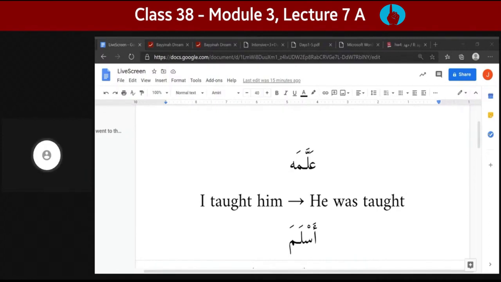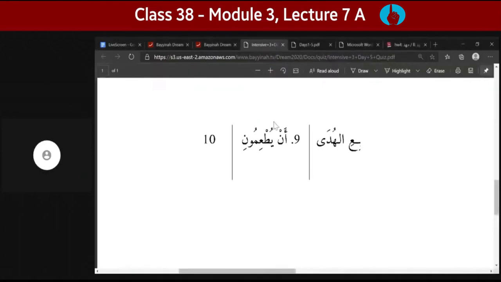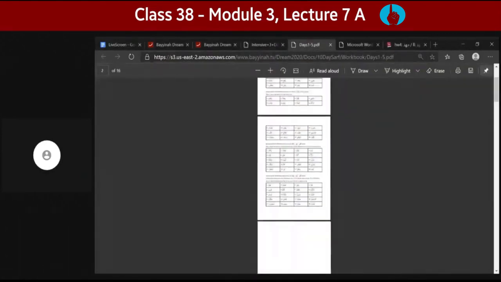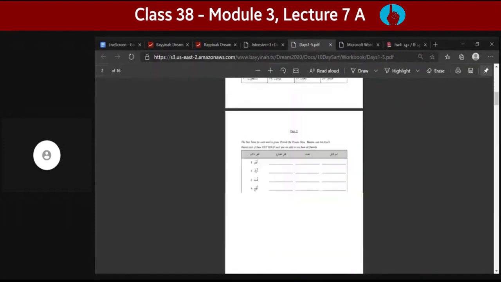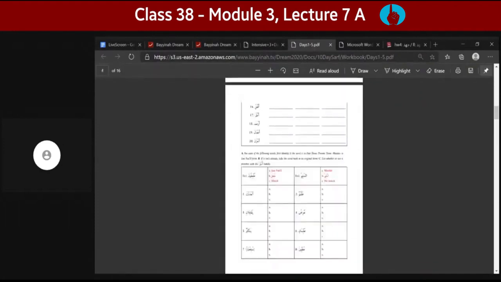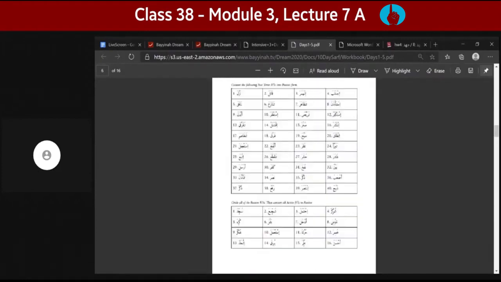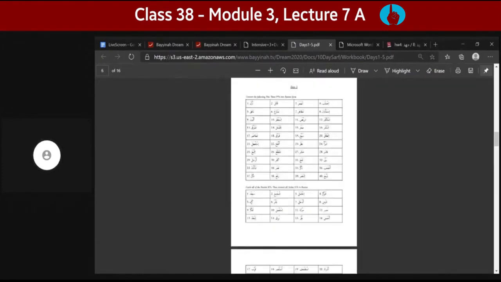Sarf workbook day 3, number 8. Which exercise?